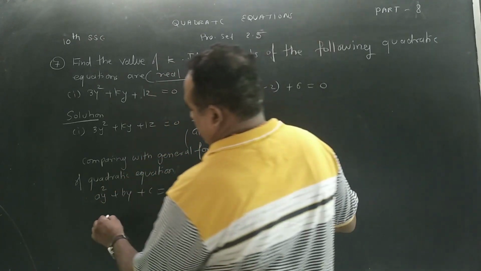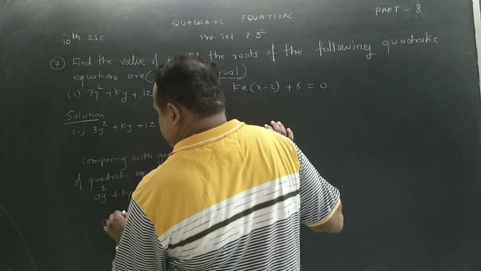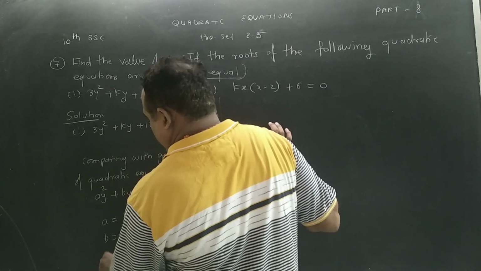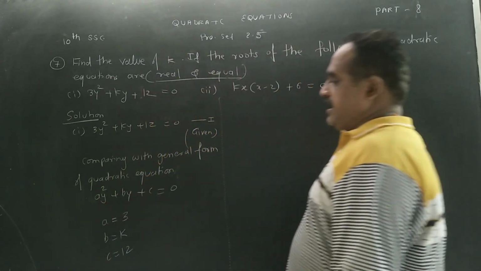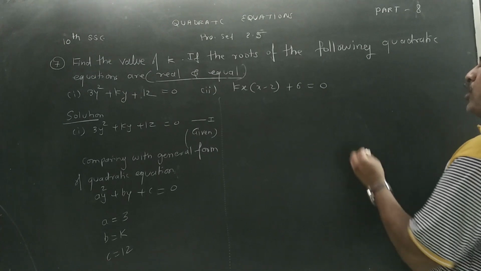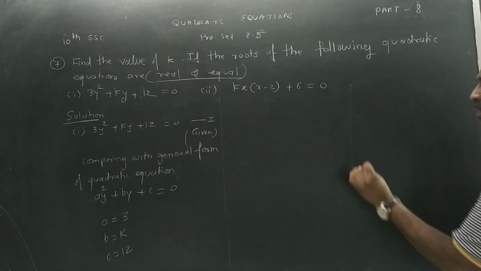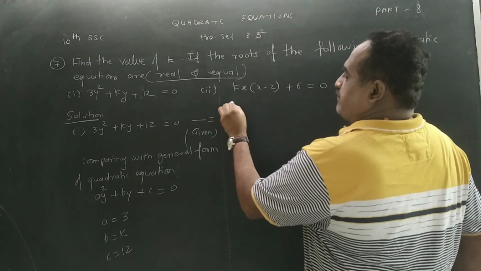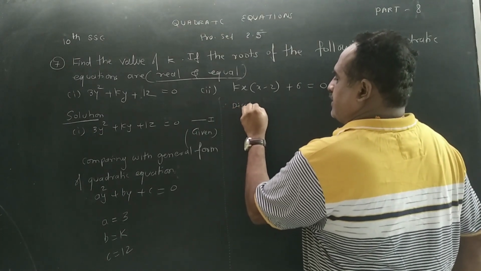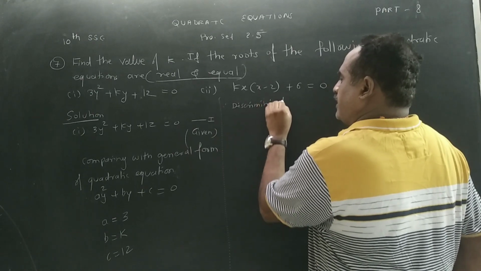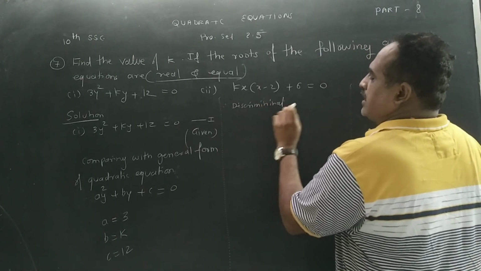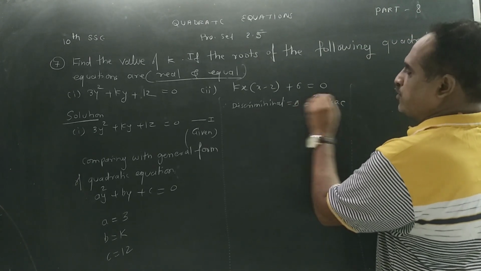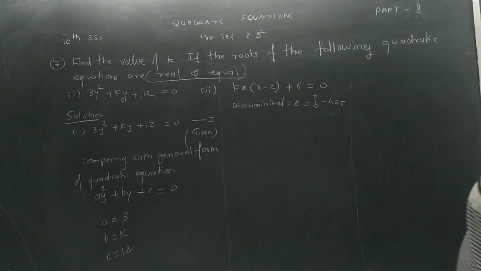So what is the value of a? The value of a is 3. The value of b is k, and the value of c is 12. Is it right? So we are going to find the value of the discriminant.